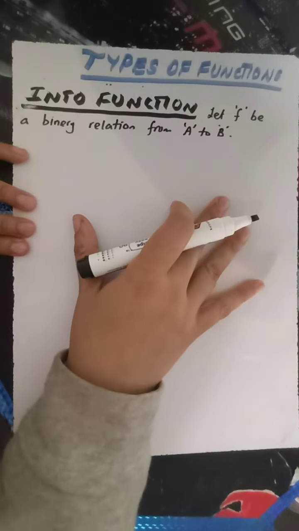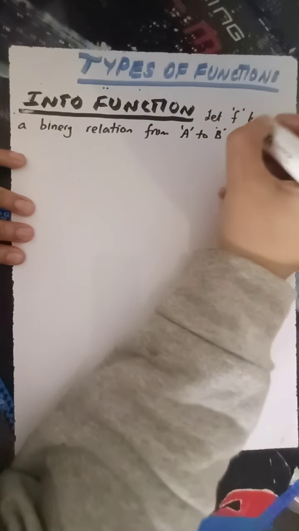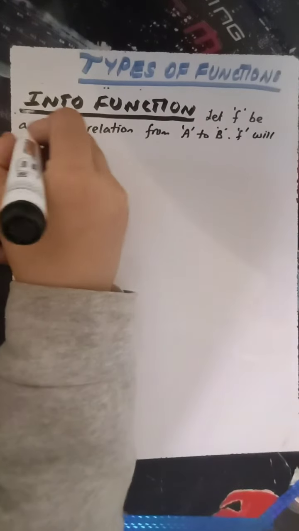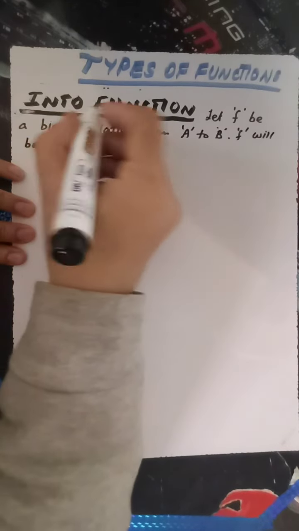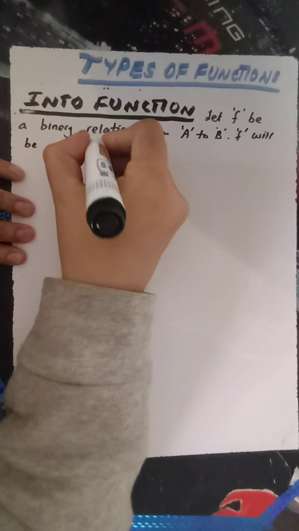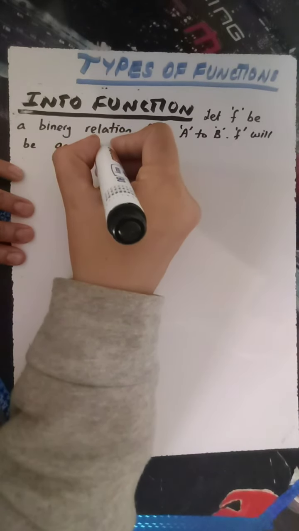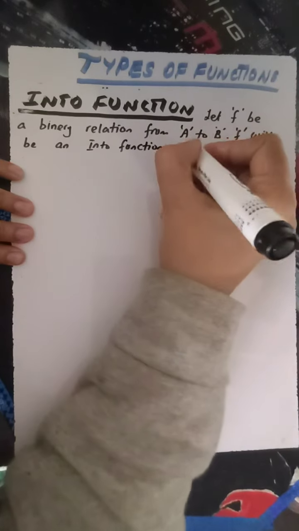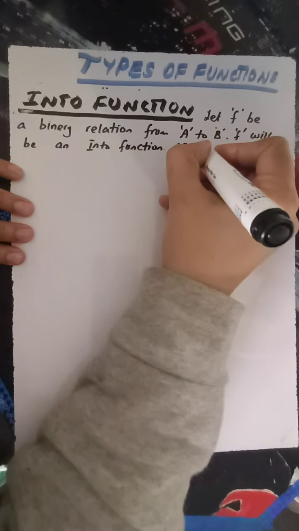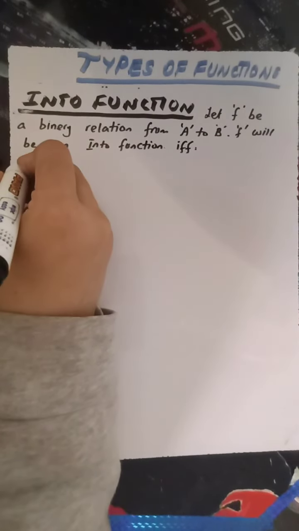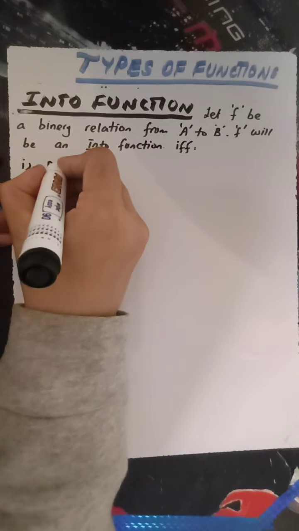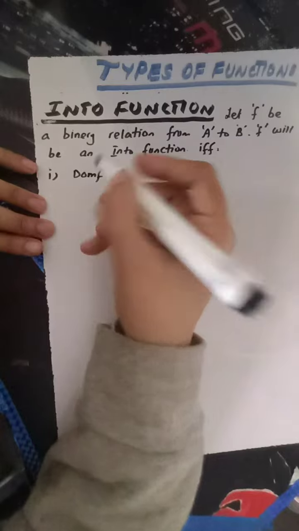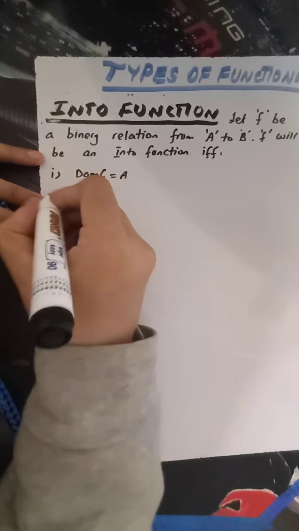For that, the condition that we need to see is that f will be an into function if and only if the first condition is that the domain of this f should be equal to A, because as it is a function, definitely this condition should be satisfied.